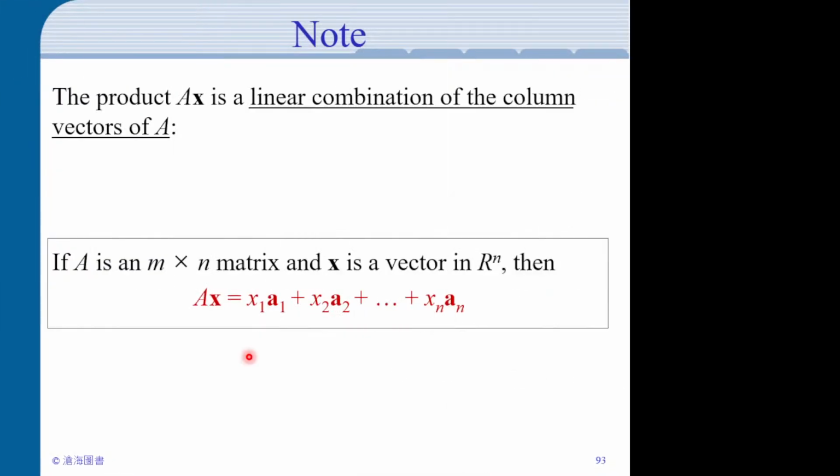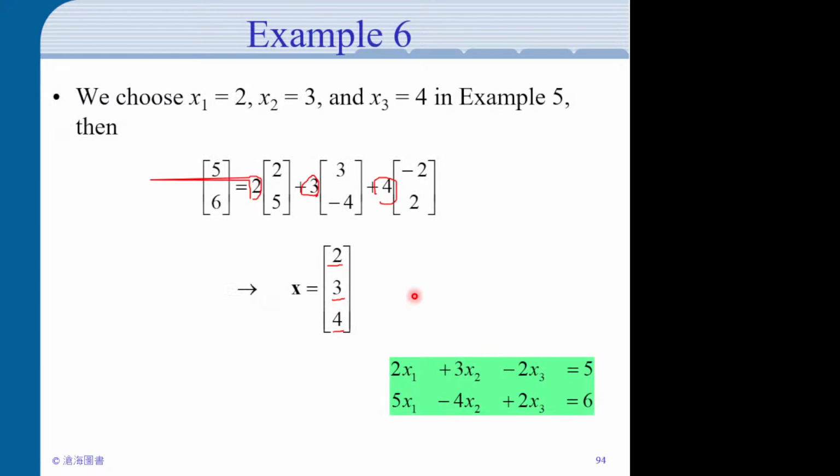And as we say, Ax can also be seen as a linear combination of the column vectors of A, with the coefficients being those unknown x1 to xn. For example, for this example, you can pick x1, x2, x3 to be some numbers, and this linear combination will give you something.